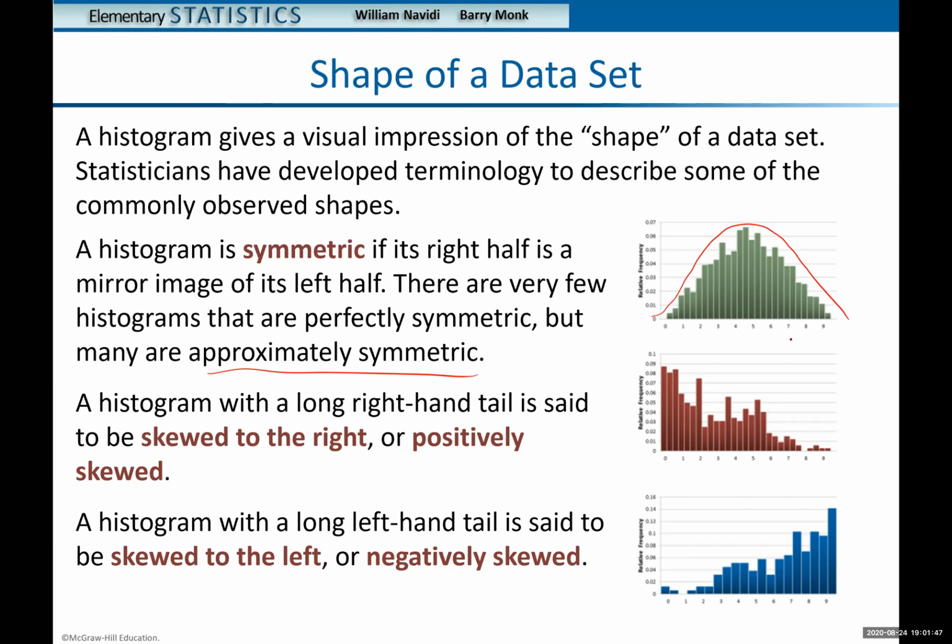Also, there are histograms with a long right-hand tail, like this one. It's not a bell-shaped curve. It's like this. It's a long right-hand tail. And this is what you call skewed to the right or positively skewed. And also you will see a histogram with a long left-hand tail, like this one.